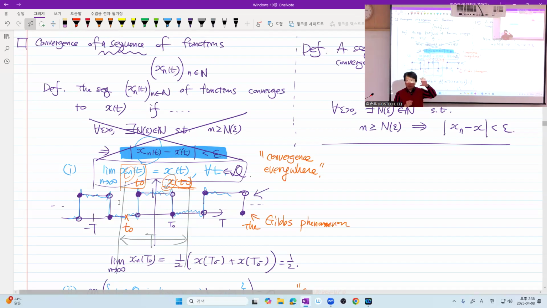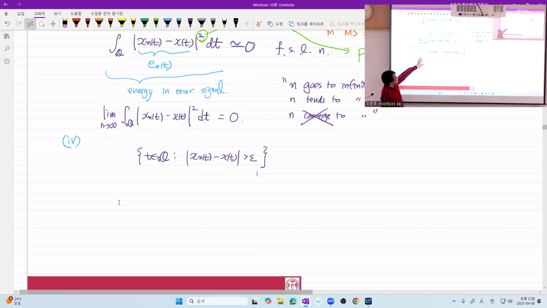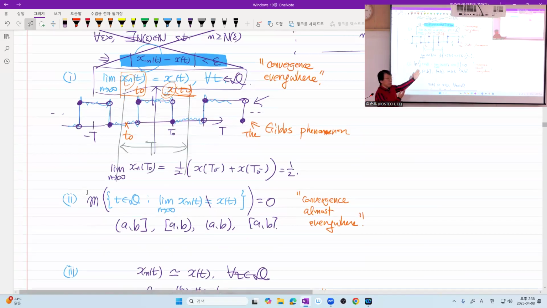If you choose epsilon too large, every t in the domain will be included, since the error is less than epsilon, included inside this set, right? If you choose epsilon small enough, what will happen to this Gibbs phenomenon related periodic square wave?